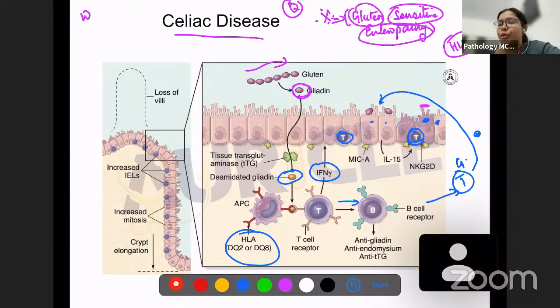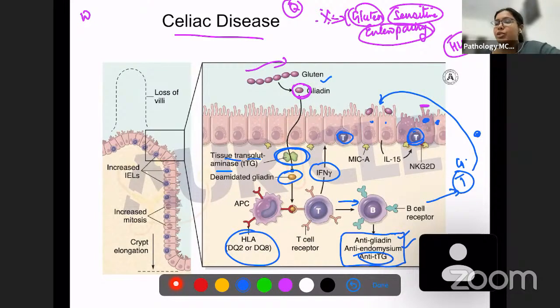Also, you have to remember these three antibodies which are associated with celiac disease. Gliadin is reactive, so anti-gliadin antibodies will be formed. Other than that, anti-endomysial antibodies are also going to be formed. And tissue transglutaminase, which is produced as an intermediate, those antibodies are also going to be formed.